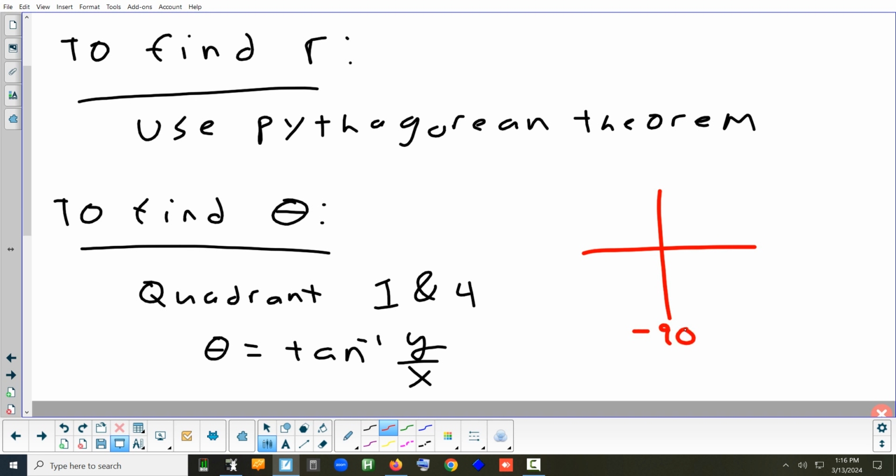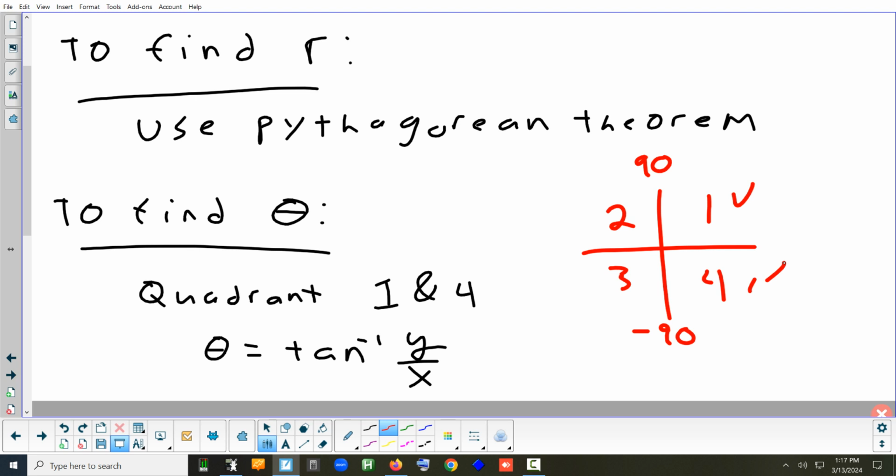Where's positive 90? Straight up. If inverse tangent is only going to give you an answer between negative 90 and 90, it's always going to give you an answer in what two quadrants? Right. So that's why I wrote down this formula only works in quadrants 1 and 4.